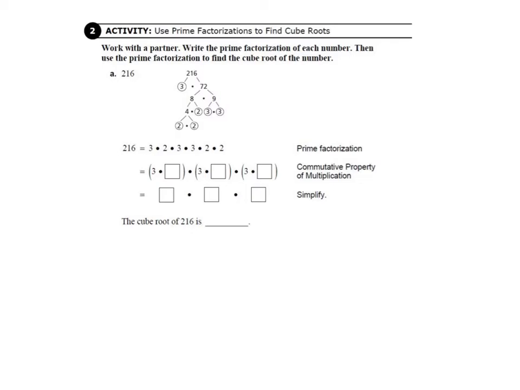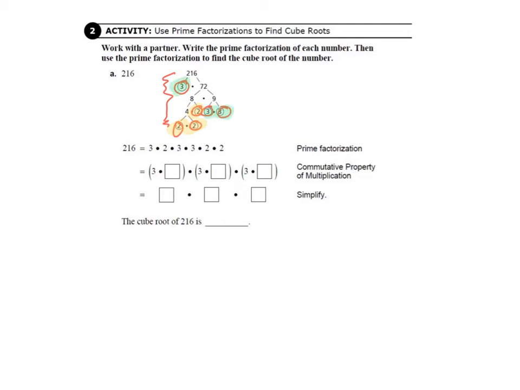So I wanted to show another way to think about how to find a cube root. This is a factor tree. You'll see we start with the number 216, made a factor tree for it, and we find the prime factorization, all those circled numbers in the tree. You'll notice that I have 3 2s and 3 3s.